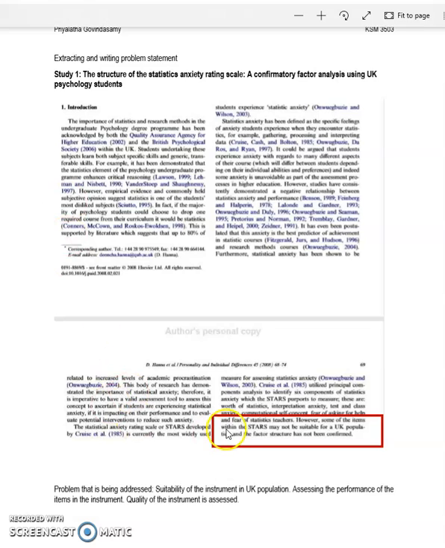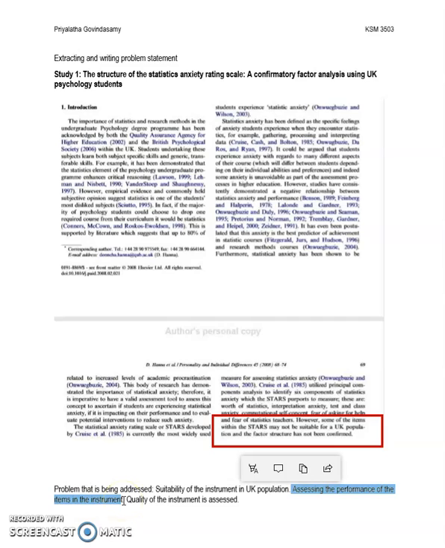In this case, the problem that has been addressed by study 1 is the suitability of the statistical anxiety rating scale instrument in the UK population. Therefore, we are actually assessing the performance of the instrument.